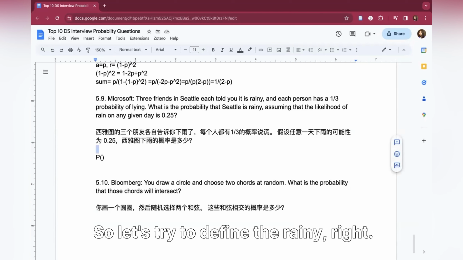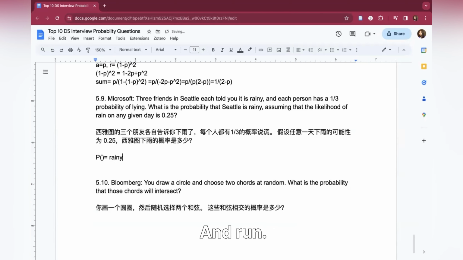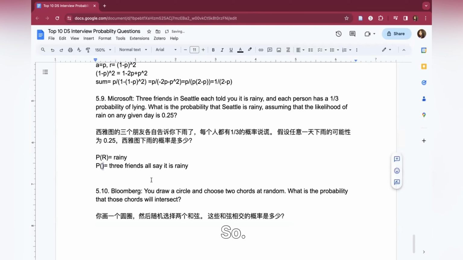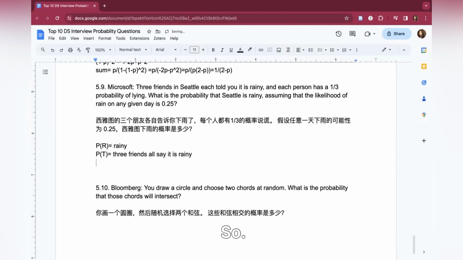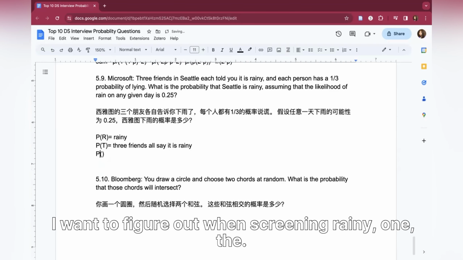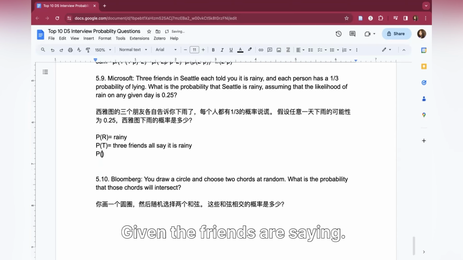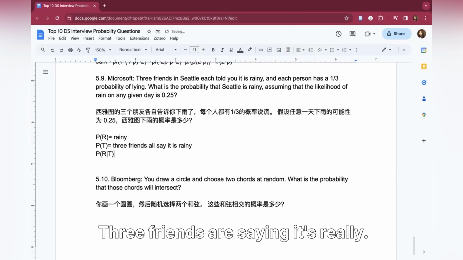Let's define R as rainy, and T as the three friends say it's raining. We want to figure out the probability that it's really rainy, given that the three friends are saying it's raining.